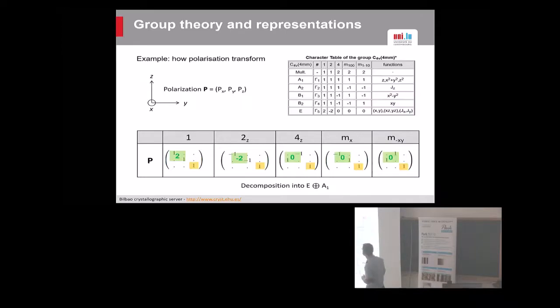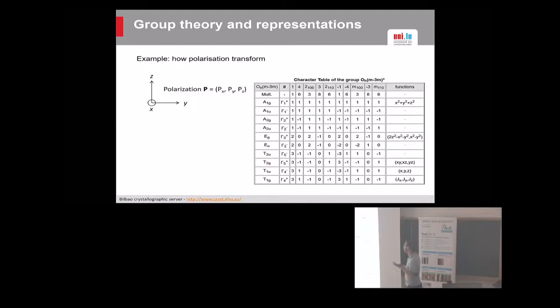And if I want now to compare to the character table, I have to remember that the character is only a trace, okay? And that you will find here is just the trace of this 2x2 matrix. So here that would be 2, minus 2, 0, 0, and 0. And then I can identify, again, just like I did before, the polarization components, okay? And I would state that polarization transforms as E plus A1, okay?